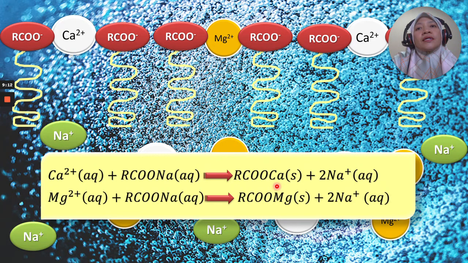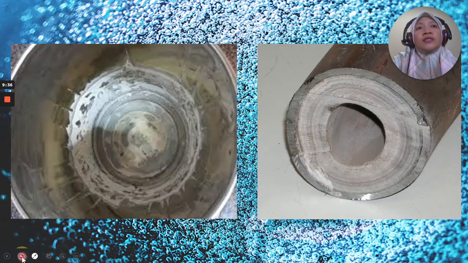So we can see here this molecule around here, the combination of soap molecules with the hardness. It is a solid substance, and these scales, as I said, will form on the equipment surface.